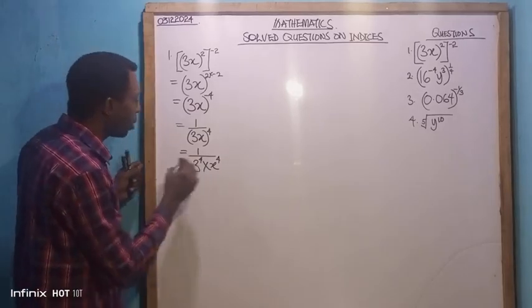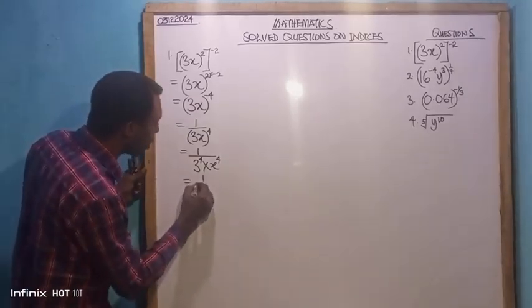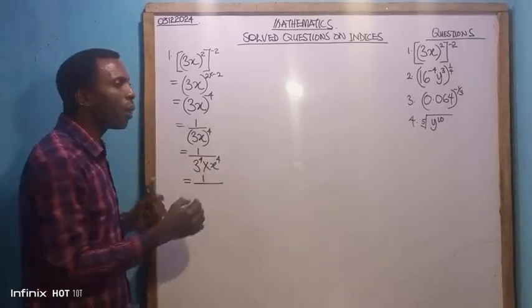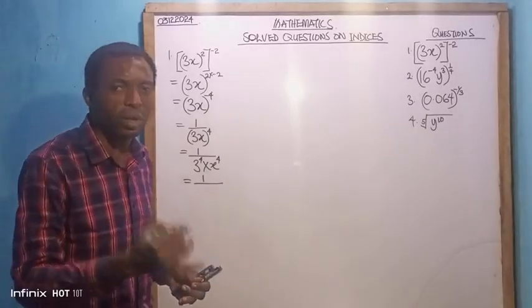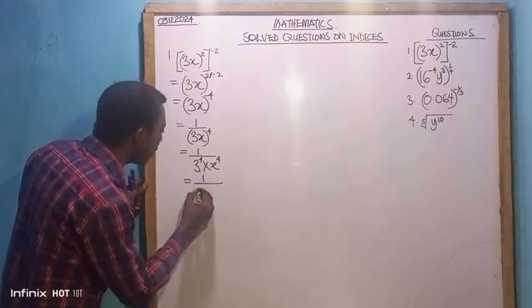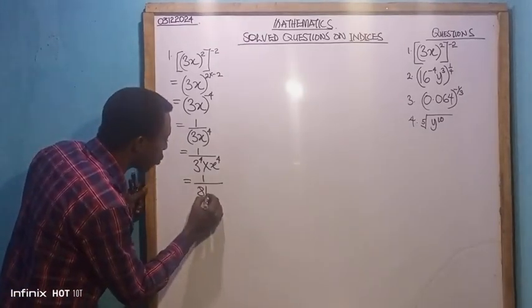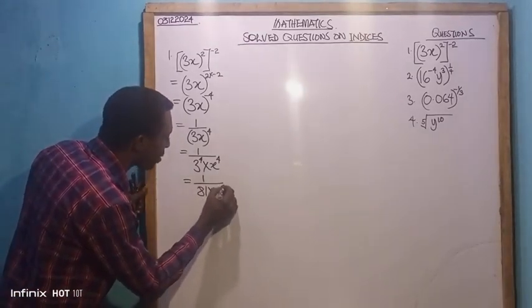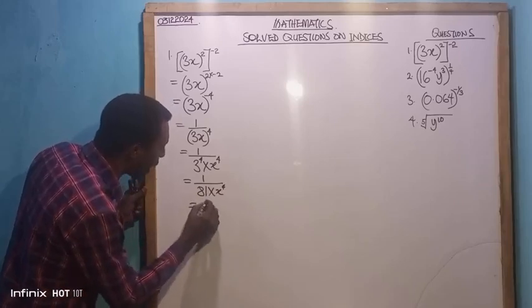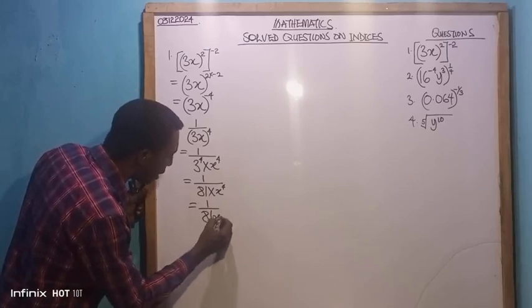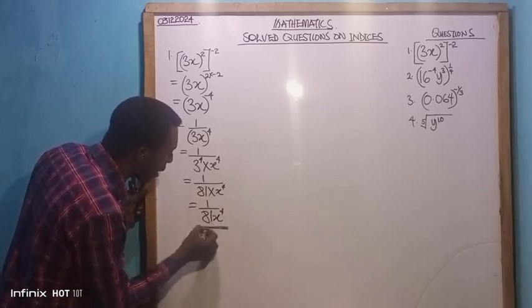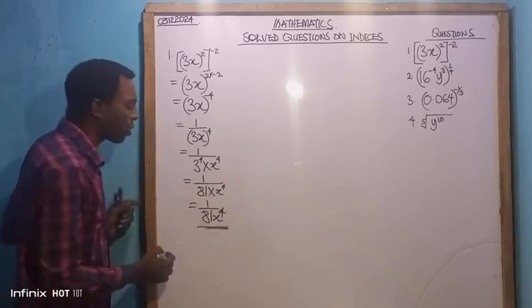Do you get it now? 3 times 3 is 9, 9 times 3 is 27, 27 times 3 is 81. So we have 81 multiplied by x raised to power 4. Our final answer will be 1 over 81x^4. This is what we're going to have as a final answer.